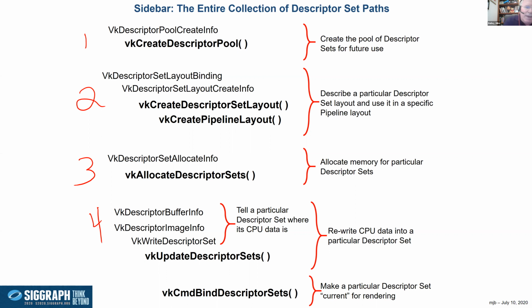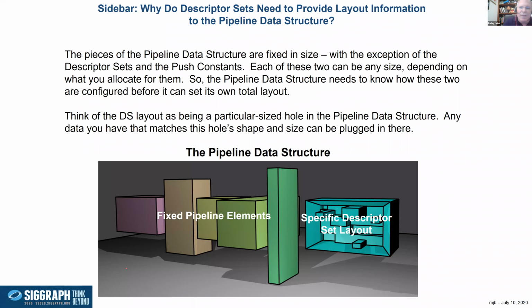the shader. And then 5, you can bind and rebind different descriptor sets depending on if you want to change what's in the uniform buffers really quickly. And again, the descriptor sets are variable. They're not fixed, and that's why the pipeline layout wants to know something special about the descriptor sets.